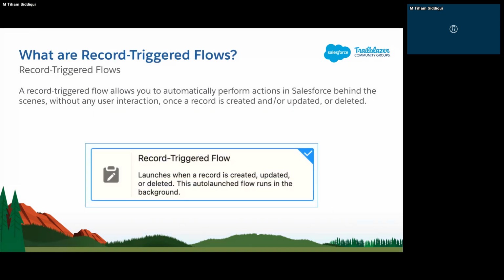What are record triggered flows? These flows are basically triggered when any record is updated, created, or deleted. It depends on your configuration, which object you have configured it on. So basically, you can build an automation on these actions.